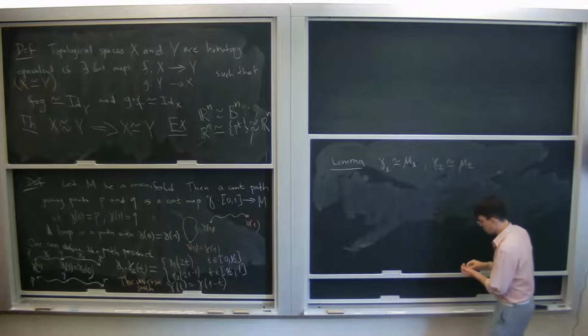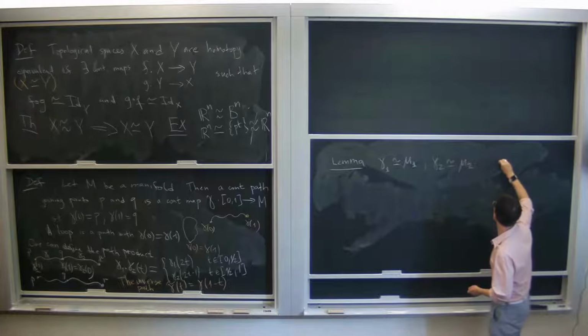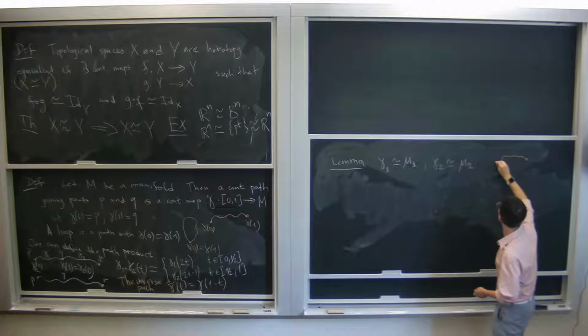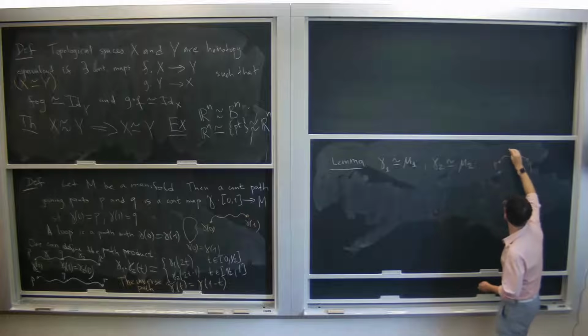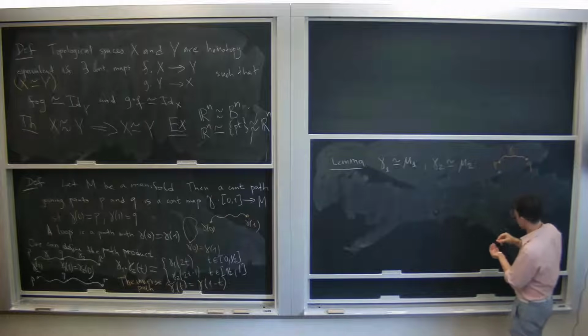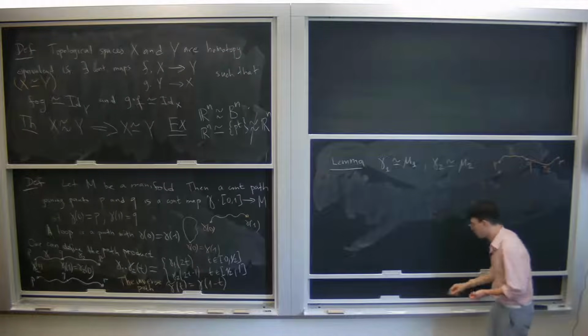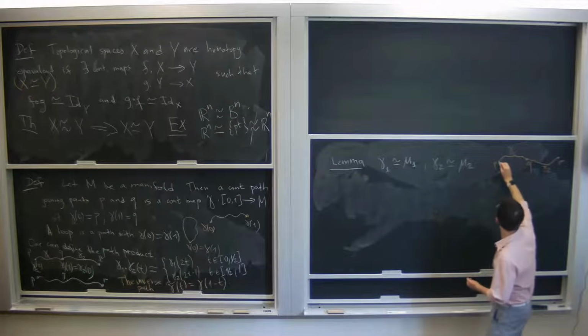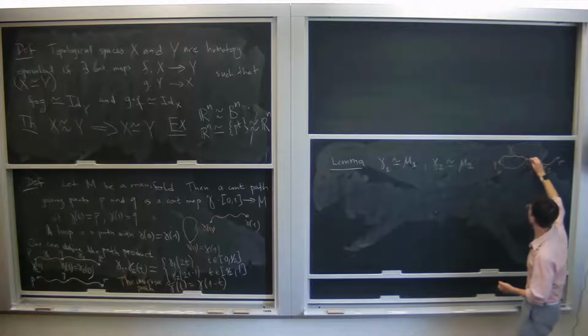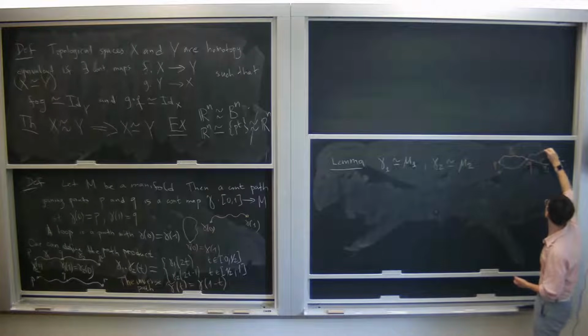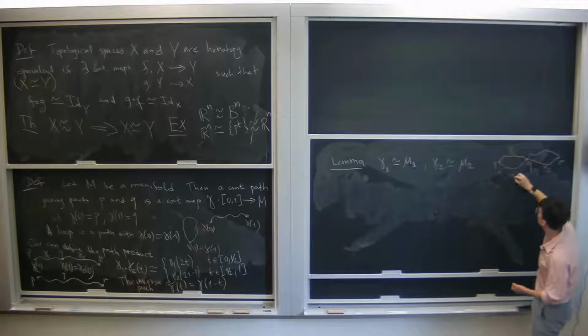Let me draw pictures. I have P and Q. This is my gamma 1, and this is my gamma 2. Another pair goes through the same points. It is my mu 1 and mu 2.